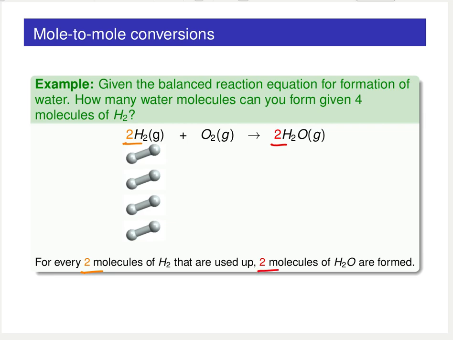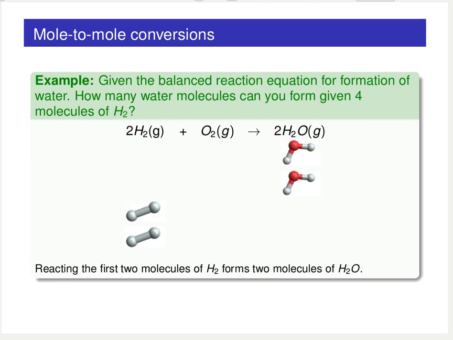Okay, so let's go ahead and start by taking our first 2 H2 molecules and converting them over there to waters. Right? Once we've done that, we now have formed 2 waters, but we still have 2 more H2 molecules ready, willing to react with oxygen to form an additional 2 H2Os.